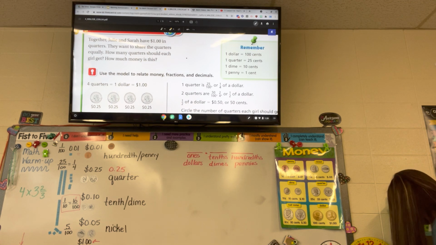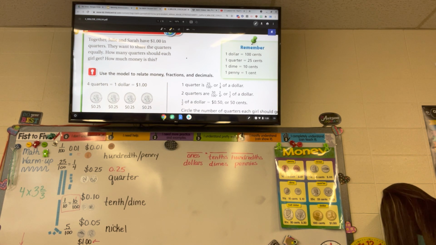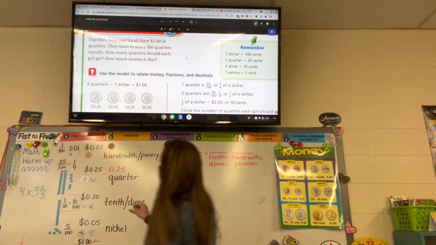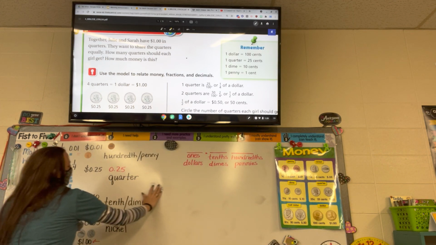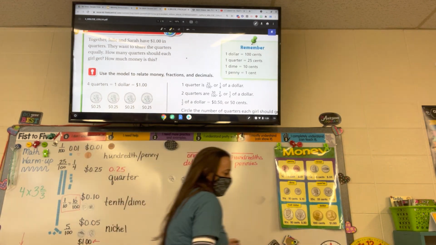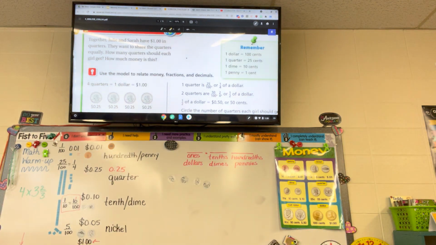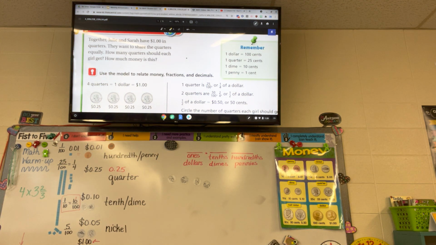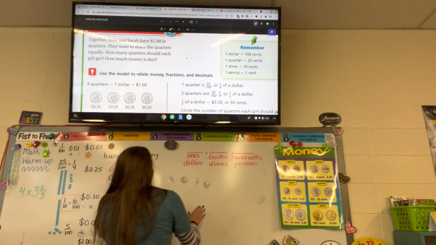So to start out with, if we have 4 quarters and we want to split that between 2 girls, then I'm going to use the quarters I've got up here already. So here's 2 quarters and here's 2 more quarters. So they have 4 quarters, right? And if they want to split them by 2 girls, then that means each girl gets how many quarters?